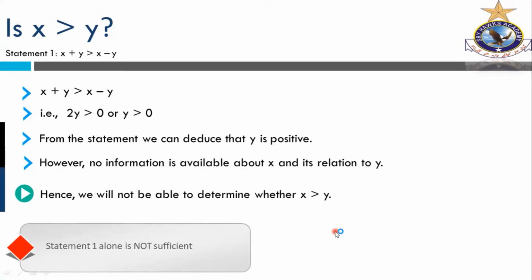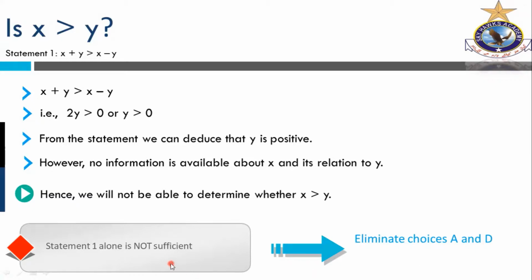The next step is to eliminate choices A and D. A was that the first statement alone is sufficient, and D was that either statement 1 or statement 2 is sufficient.